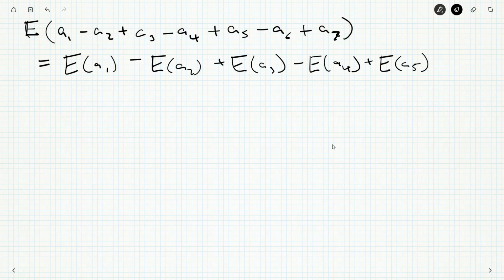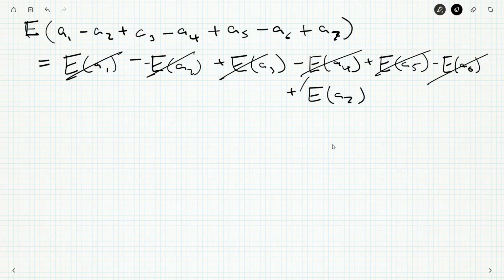Each of these numbers, A5 and everything, is going to run through 1, 2, 3, 4, 5, 6, 7 in equal amounts. So they're all going to have the same average value. In which case, this cancels with this, and this cancels with this, and this cancels with this.